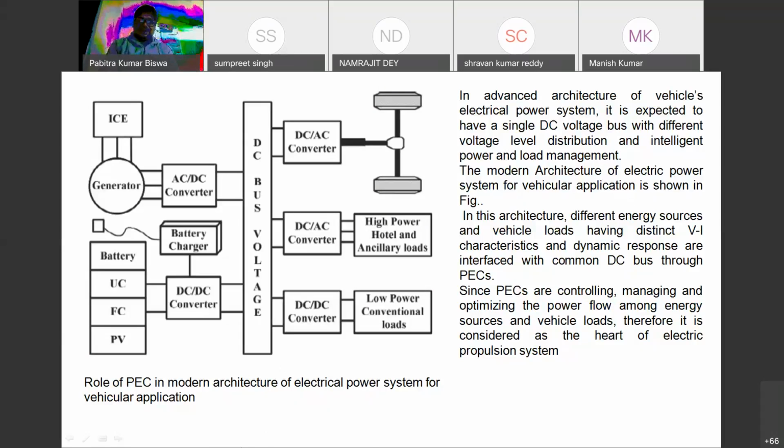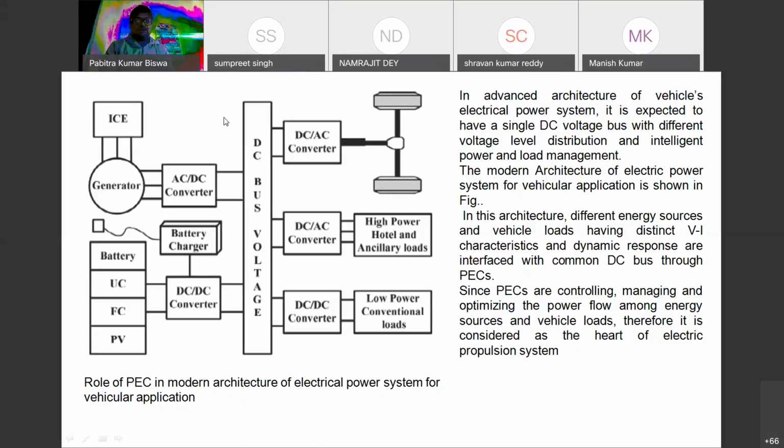In this architecture, different energy sources and vehicle loads having distinct VI characteristics and dynamic responses are preferable.